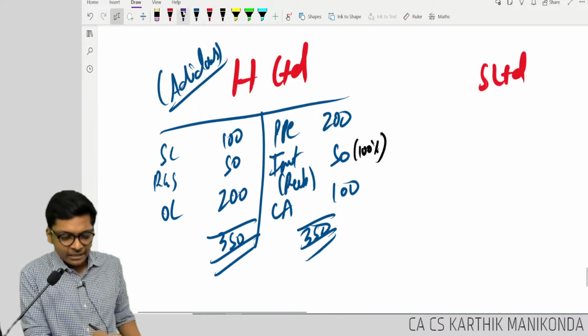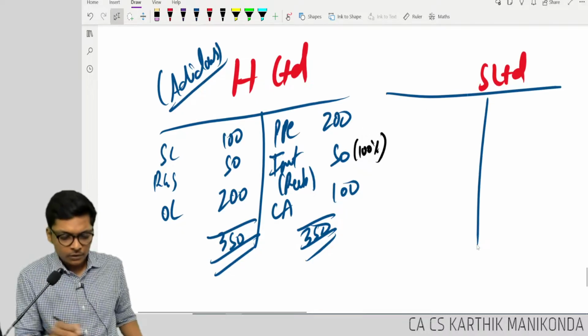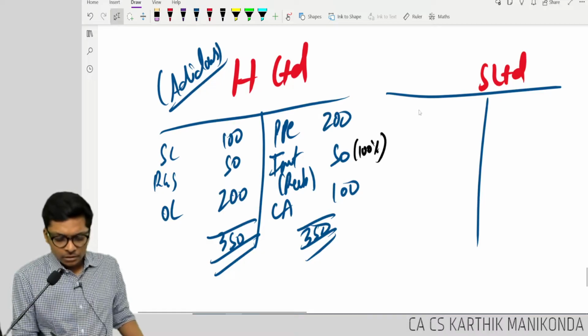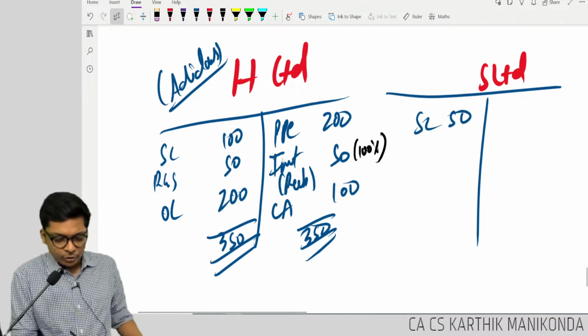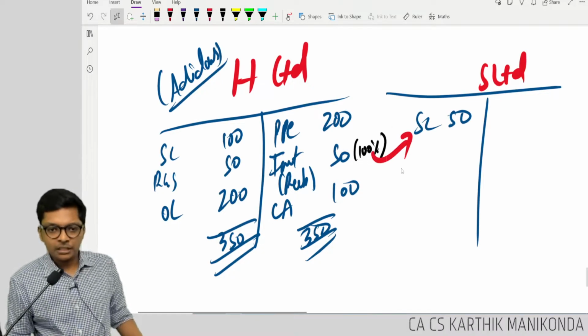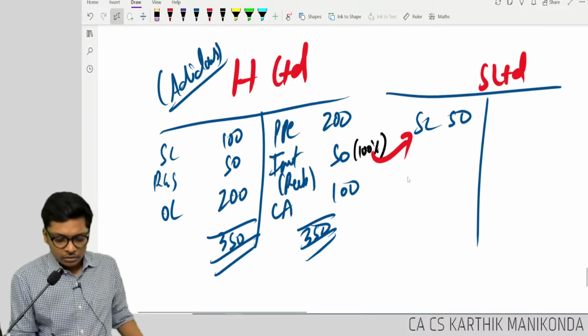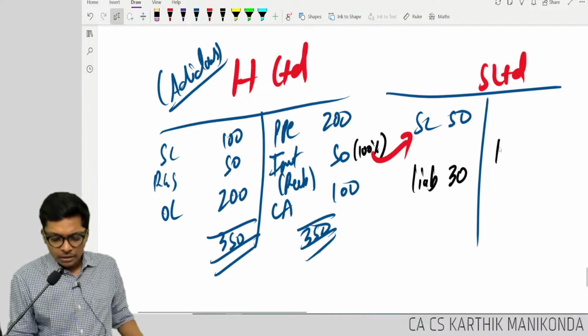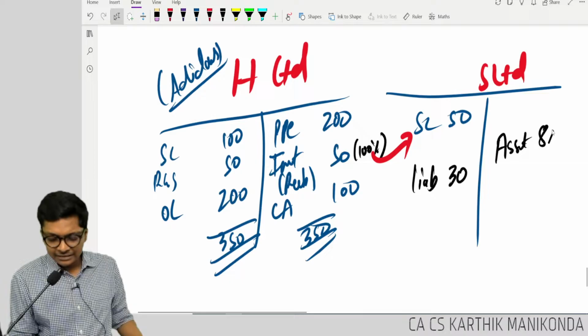My subsidiary limited has share capital 50, because I have invested 50, correct? Then apart from that, liabilities, let's say 30, and assets, let's say 80.